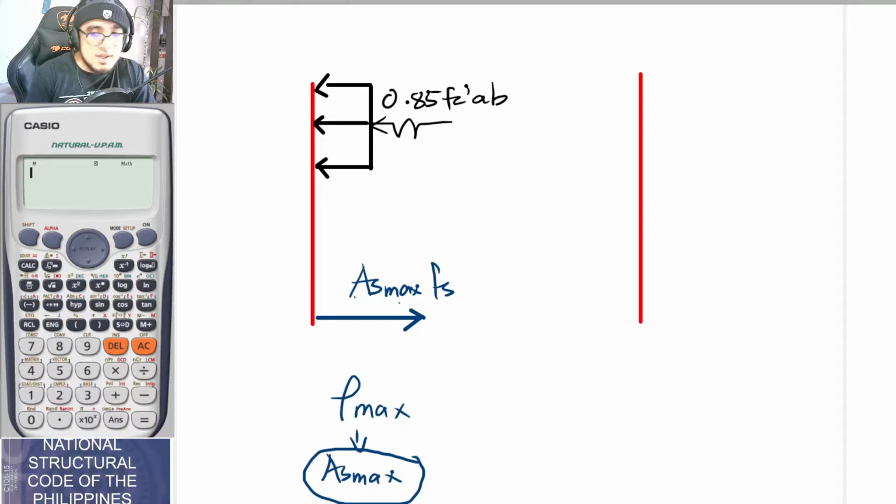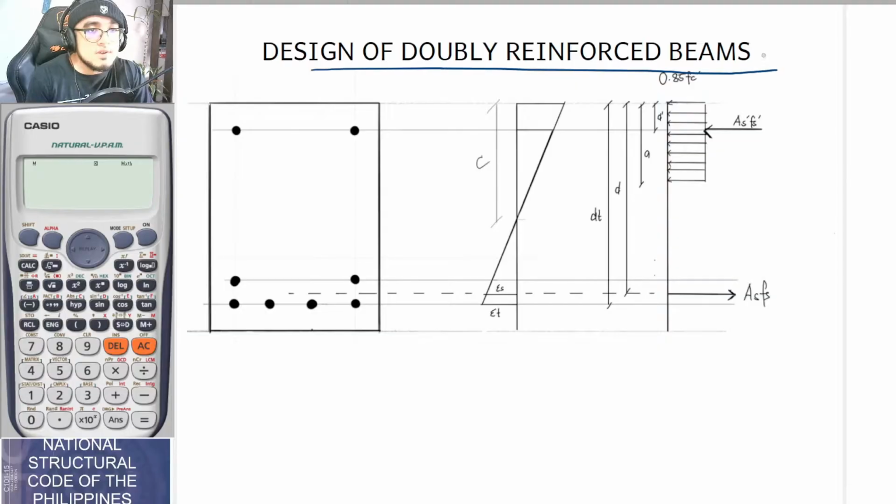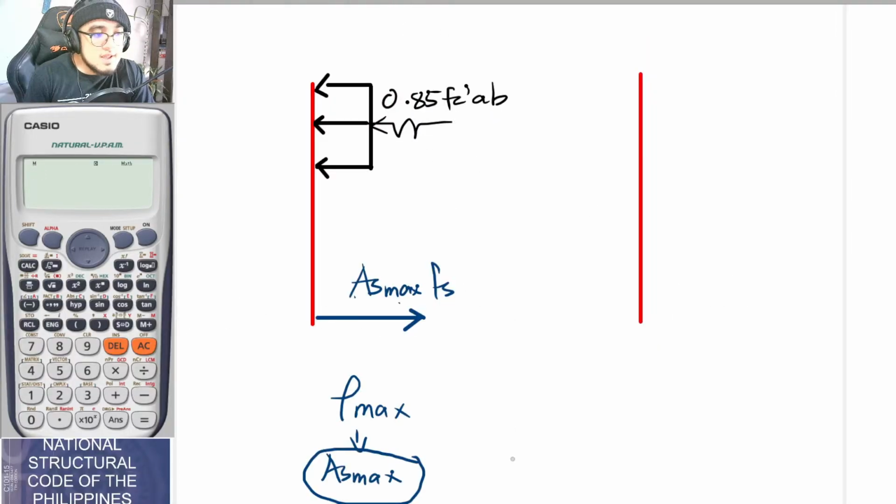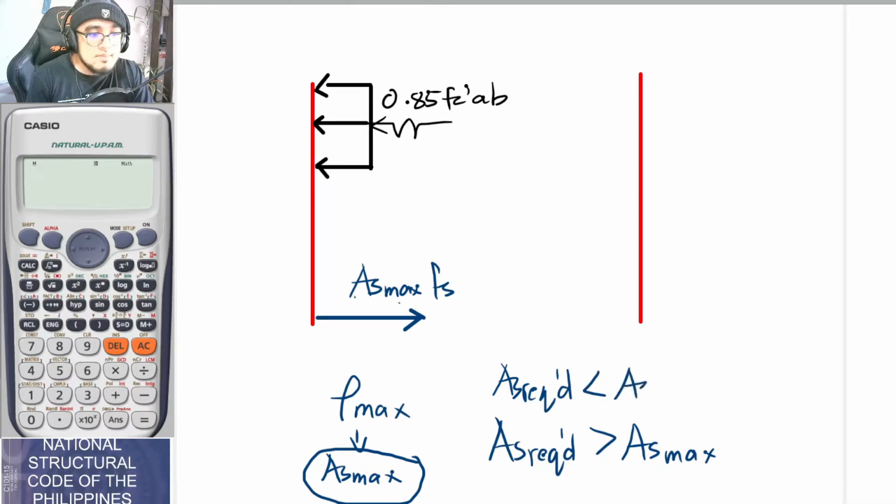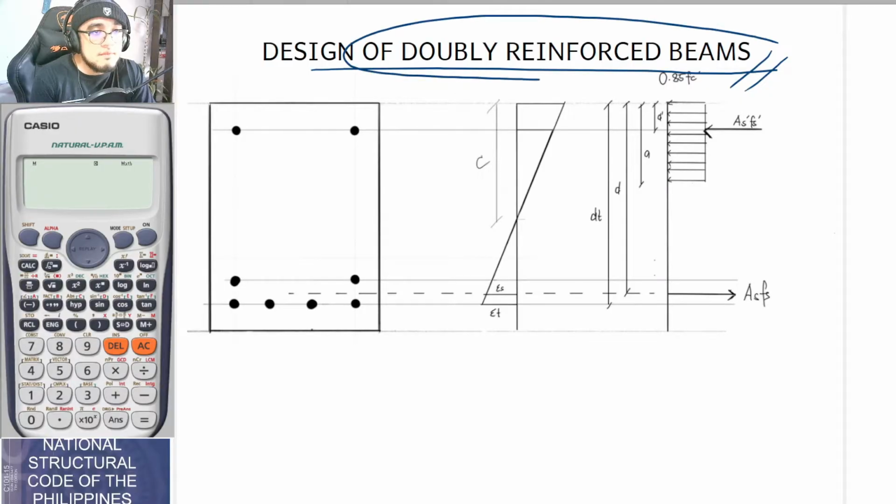So once again, guys, reiteration that you will only be designing doubly reinforced concrete beams if let's say that your AS required is to be higher than that of your AS max. Because if it is to be the other way around, if let's say that your AS required is to be less than your AS max, you do not need to design doubly reinforced beams.